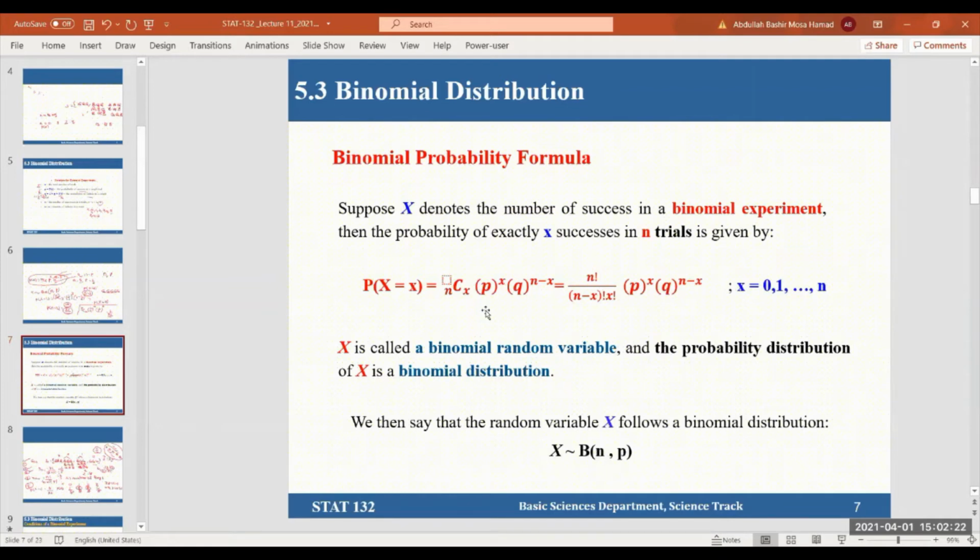Because we cannot solve this unless we know the values of n and p. In this function, the only variable should be x. All others should be known, because if we know n and p, it's easy, we can get q. q is 1 minus p, because actually we have only two possible outcomes. So let's take an example.